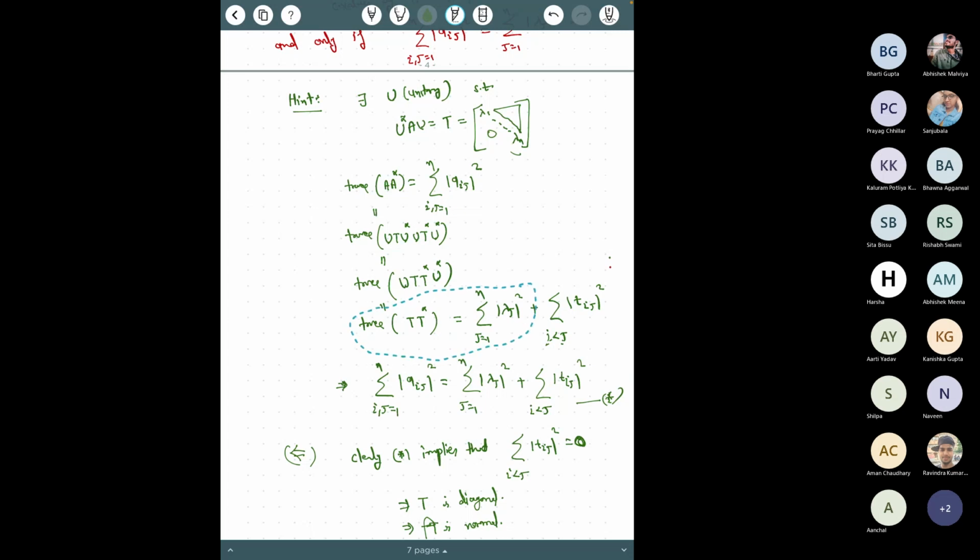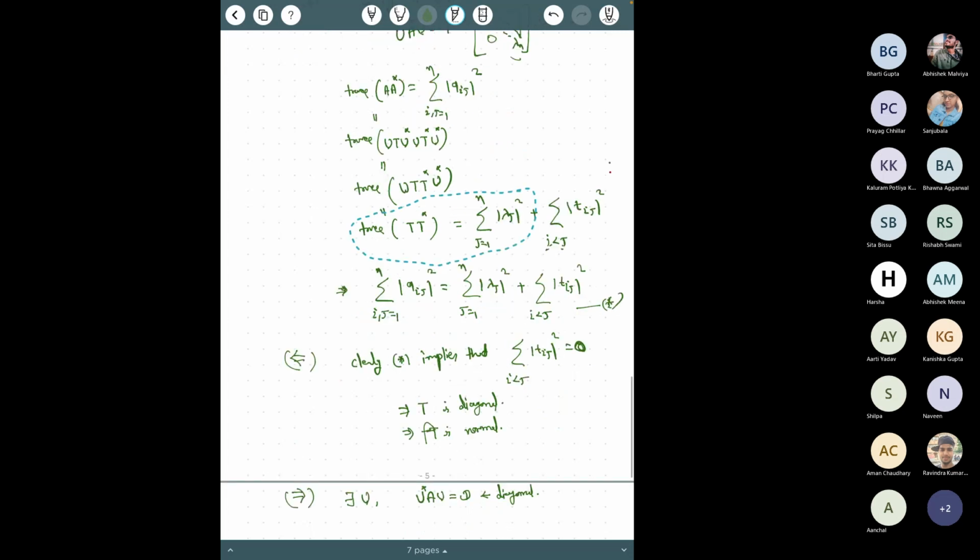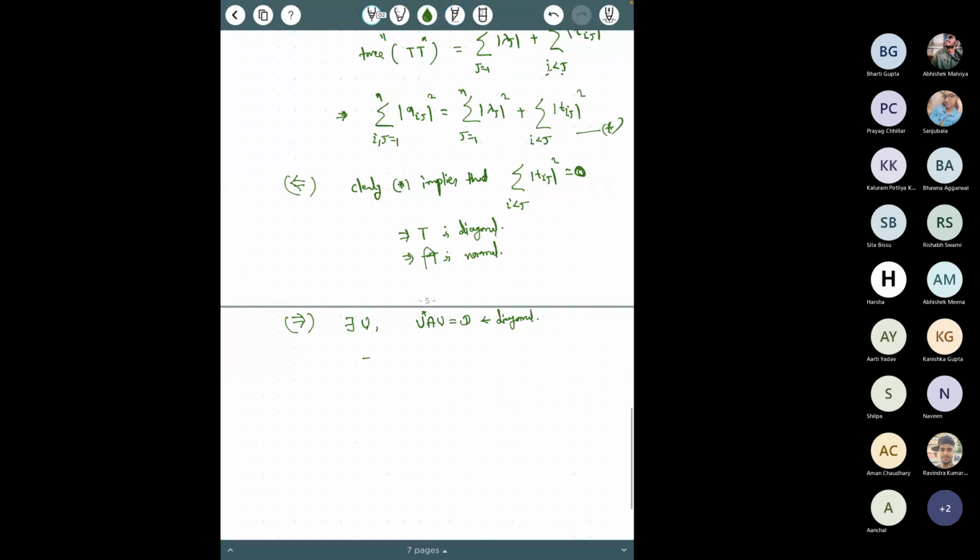Again it's diagonal, and therefore by star this is equal to this thing. We are done. So this gives you one more condition to check whether a given matrix is normal or not.